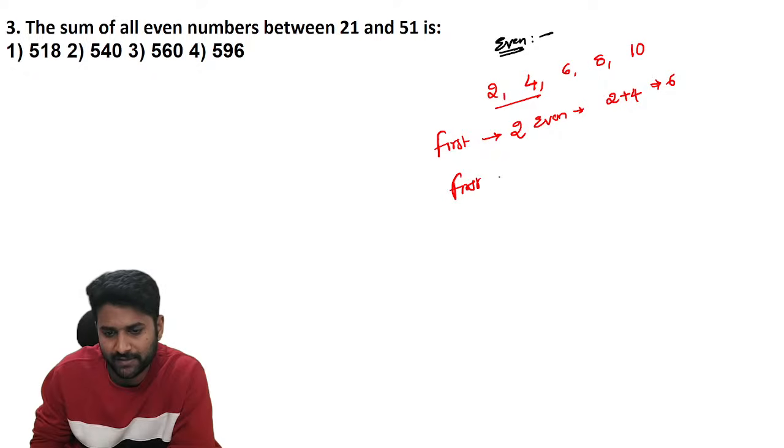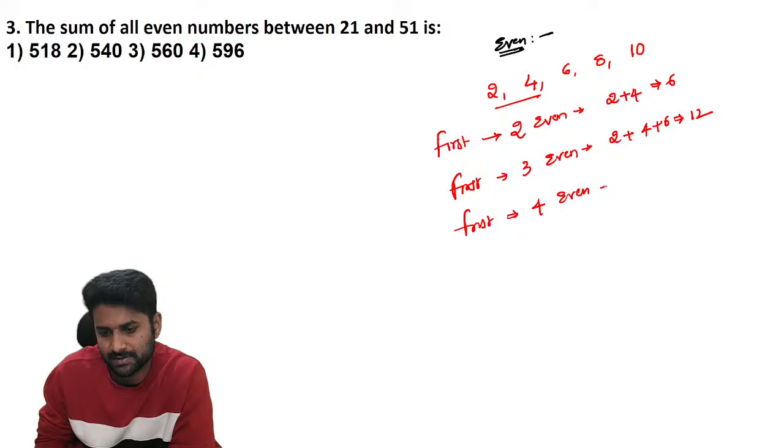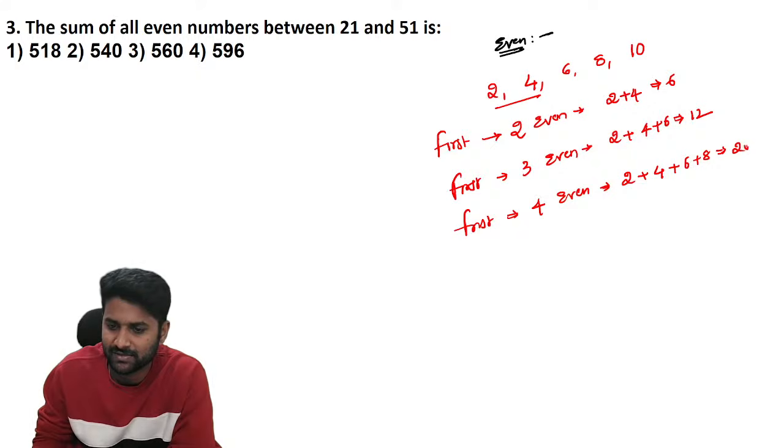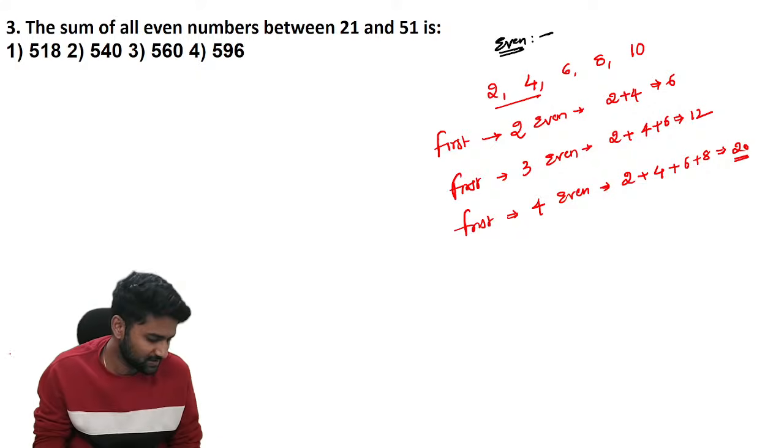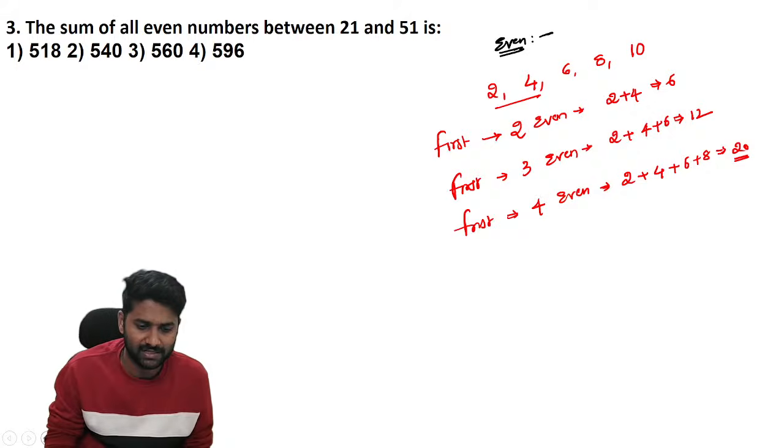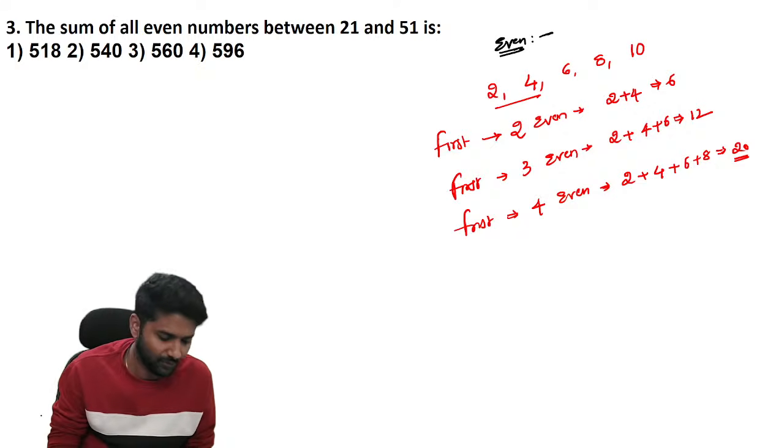If you take the first three even numbers, 2 plus 4 plus 6, the result is 12. If you take the first four even numbers, 2 plus 4 plus 6 plus 8, the result is 20.